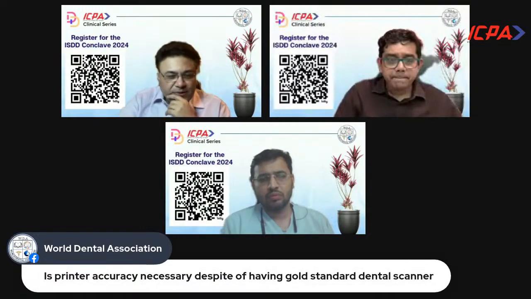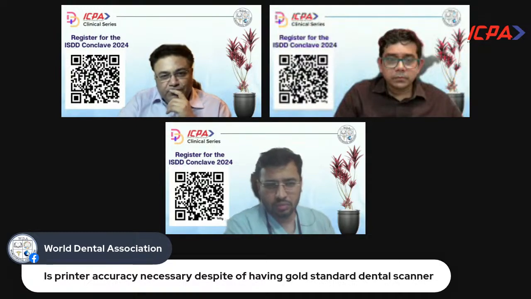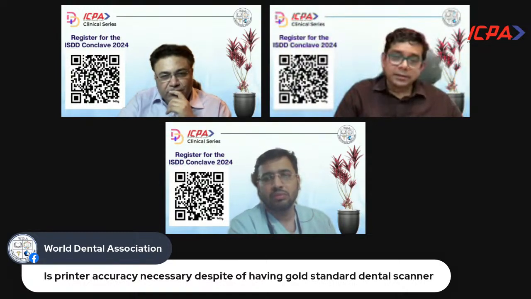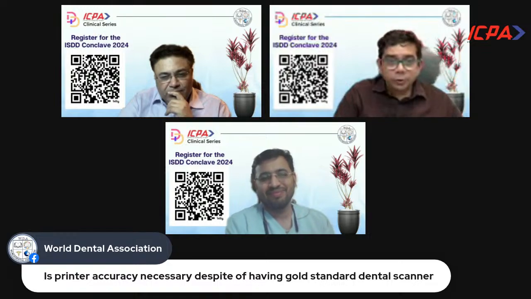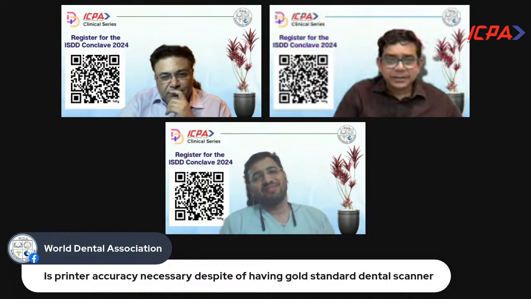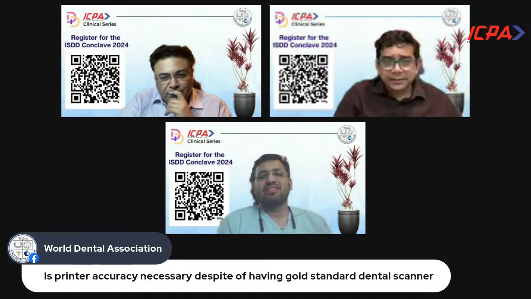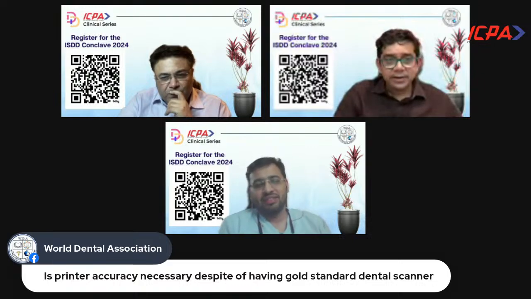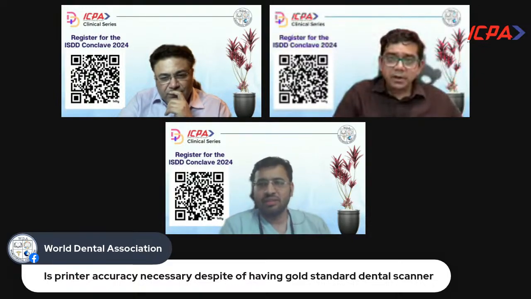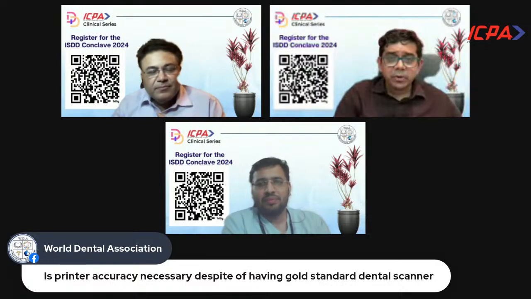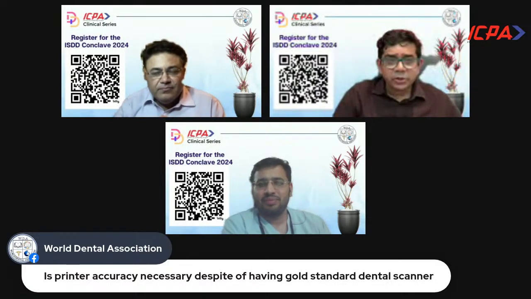Next question. Is printer accuracy necessary despite having a gold standard intraoral scanner? This is really a very good question. And since everybody has started buying scanners left, right, and center, we are getting a lot of data. If the printer is poor, it is just like you are using an alginate, you are using the best of rubber-based material, and you are pouring it in plaster.